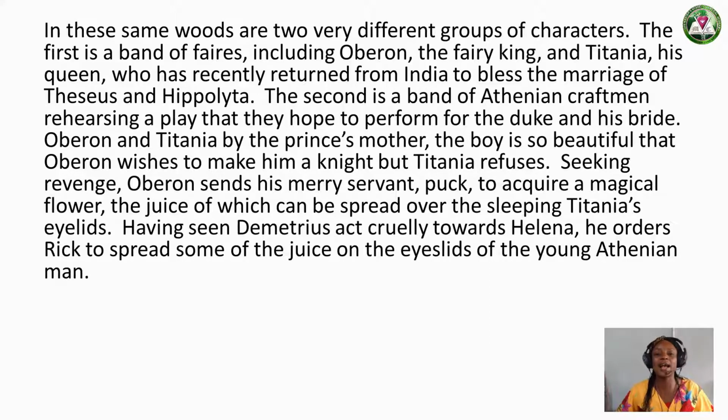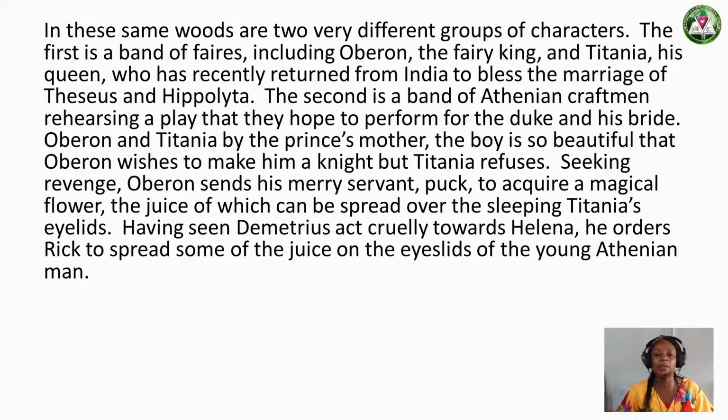They gather in the wood as a result of the wedding they are planning, the Duke's wedding. The fairies are there to bless the wedding, while the Athenian craftsmen are there to perform a play for the Duke and his bride.